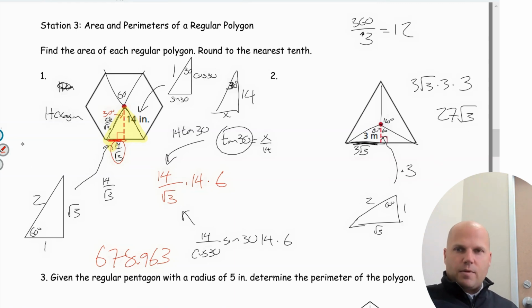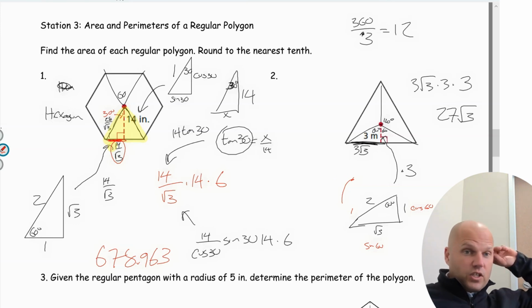If you were to use trigonometry, you would say this is the sine of 60, this is the cos of 60, and this is 1. You'd say the scale factor is 3 over the cosine 60, and then you would multiply that by the sine of 60. Or you'd say the tangent of 60 equals x over 3, so 3 tangent 60.